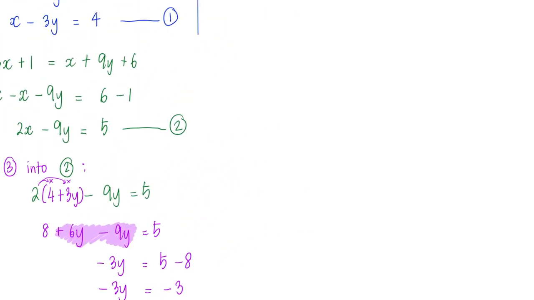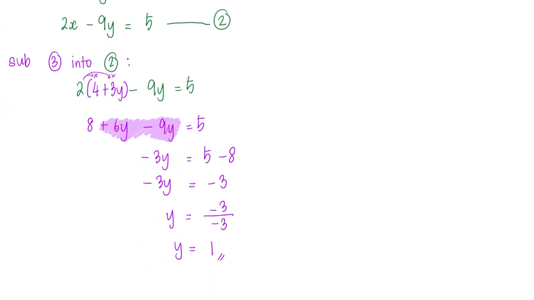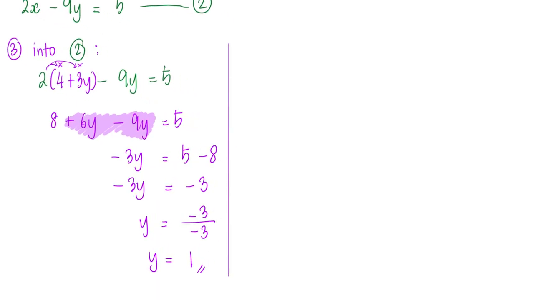Now that I know y is equal to 1, I just need to substitute back here. I'm going to take out a ruler. At this point, just indicate that we are going to substitute y equals 1 back into 3.